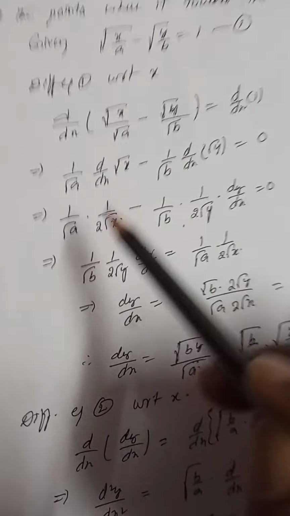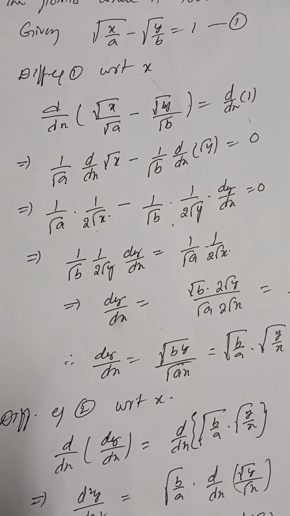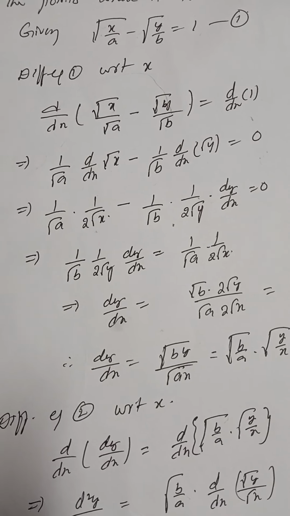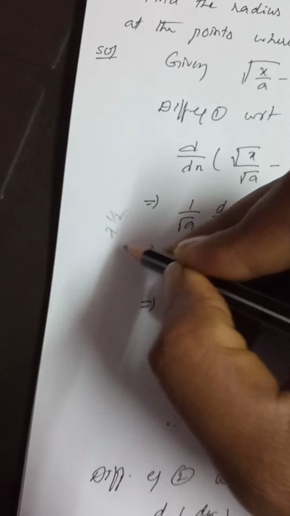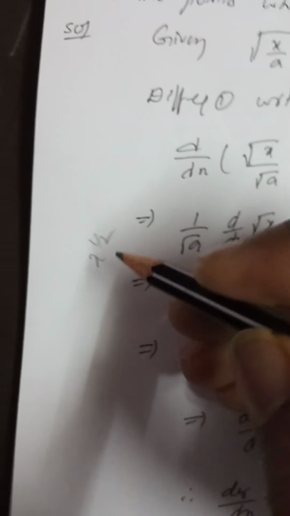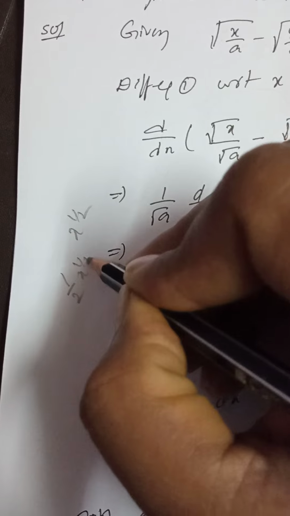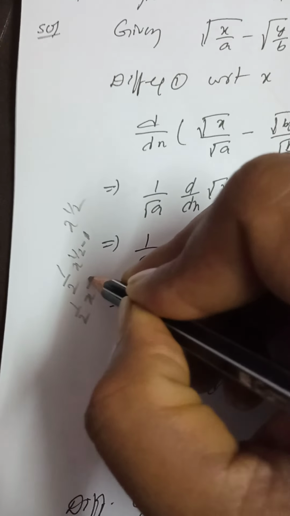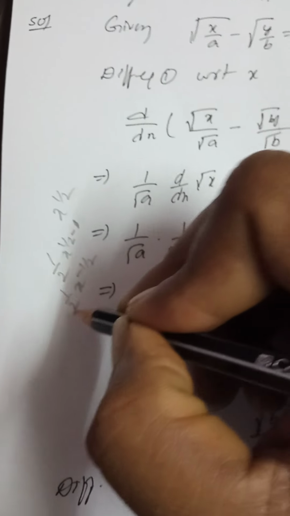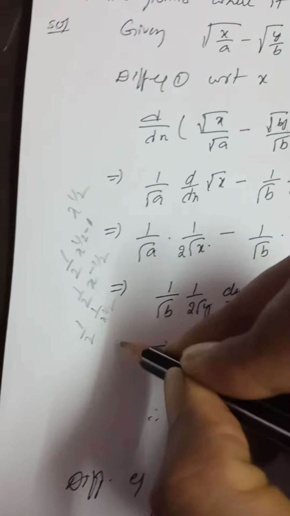1 by root a into the differentiation of root x is what? 1 by 2 root x, right? Or else you can write like this: root x can be written as x to the power of 1 by 2. Differentiation of x to the power of 1 by 2 is 1 by 2 into x to the power of 1 by 2 minus 1, that is 1 by 2 into x to the power of minus 1 by 2, which is 1 by 2 into 1 by x to the power of 1 by 2.